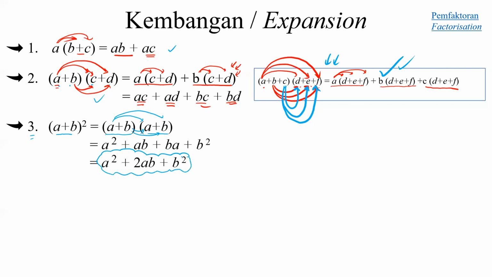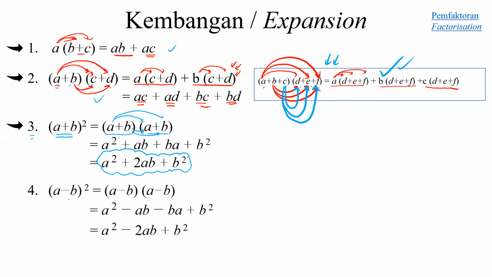This is the formula. Whenever you see the square of a plus b or the square of a minus b, you can expand it one by one, but at the end of the day, you will always get back this one. So it's better for us to memorize this formula.